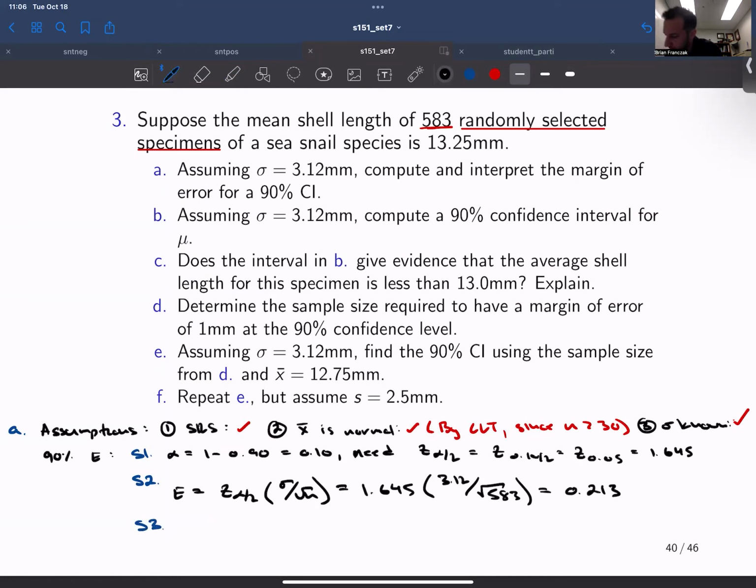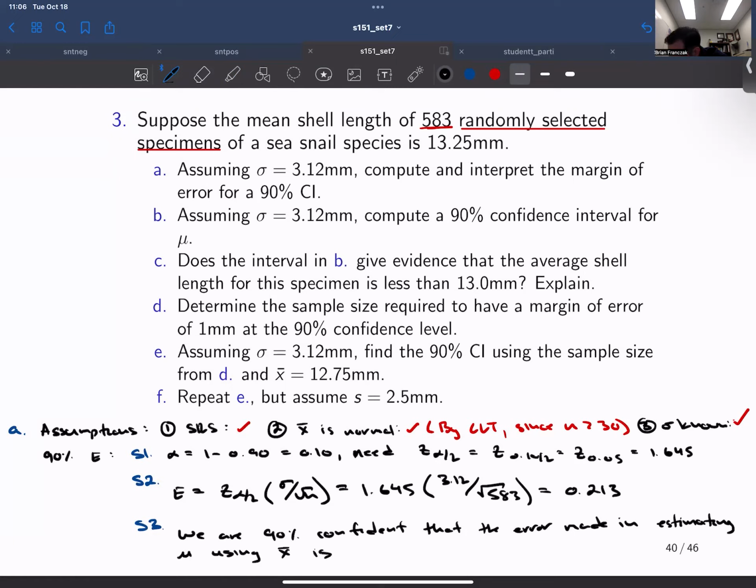Okay, so then on step 3, we can say we are 90% confident that the error made in estimating mu using X bar is within 0.213 millimeters.